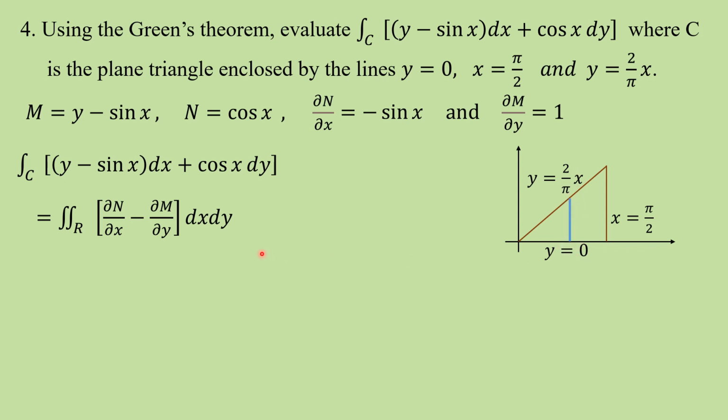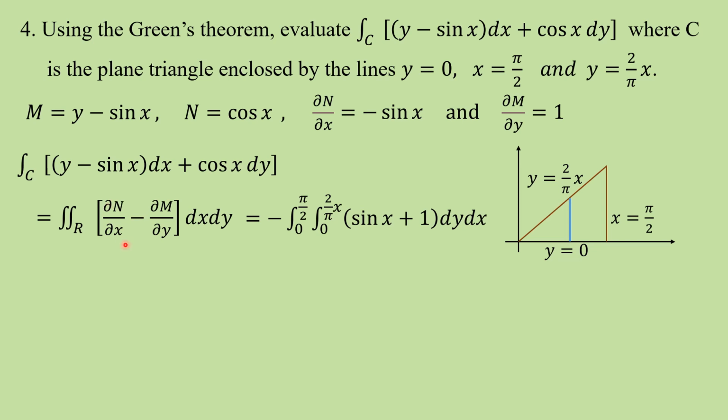The lower limit is on the x axis, y equal to 0, and the upper limit is on the line y equal to 2 by pi x, and the outer limit for x is from 0 to pi by 2. So apply that: x from 0 to pi by 2, y from 0 to 2 by pi x.